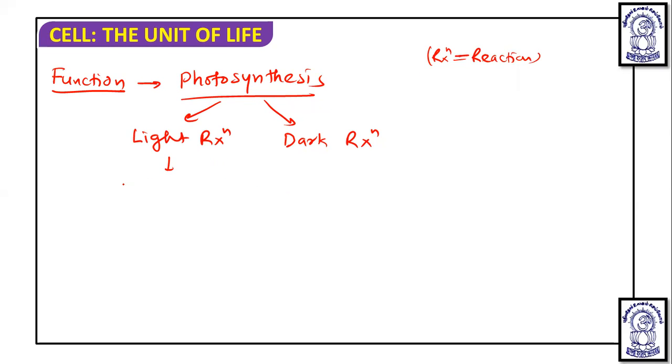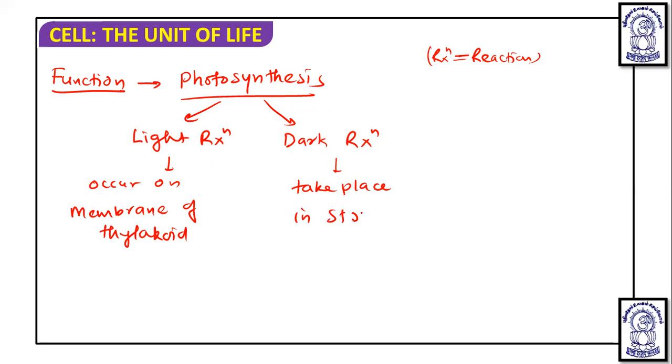The light reaction involves photosynthetic pigments, so it occurs on the membrane of the thylakoid, and the dark reaction takes place in the stroma of the chloroplast.